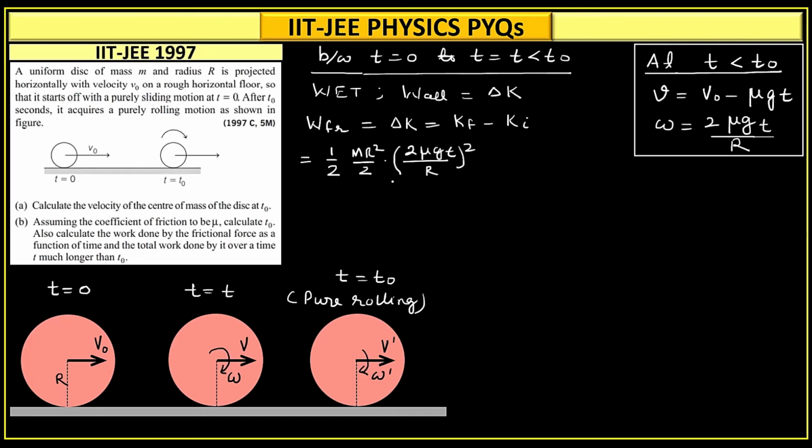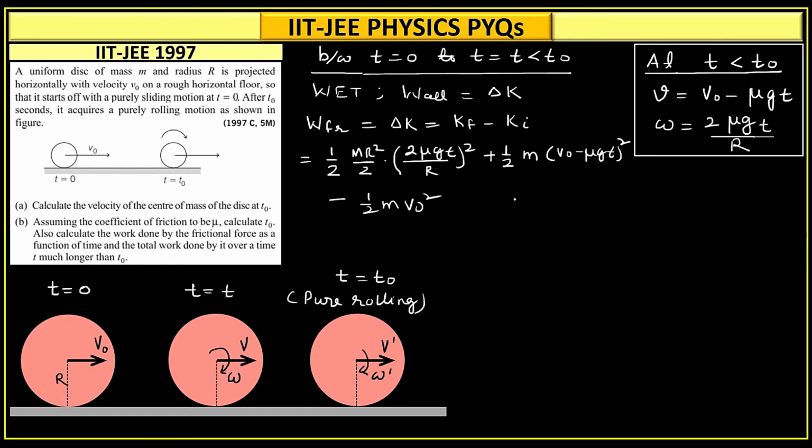This is the rotational kinetic energy at time t. And the translational kinetic energy is half m v square, and the v is v naught minus mu g t, whole square. So this whole thing is the total kinetic energy at time t, and the initial kinetic energy was purely translational, and that was half m v naught square.